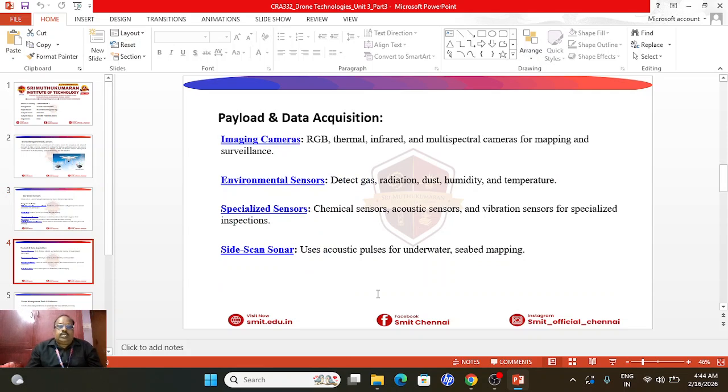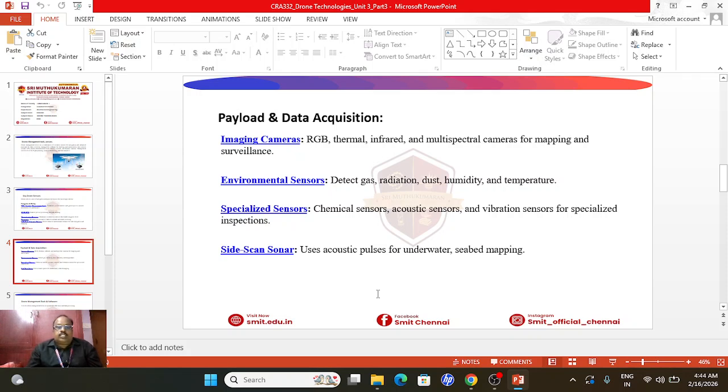Payload and data acquisition have imaging cameras, environmental sensors, specialized sensors and side scan sonar. They use RGB, thermal, infrared and multispectral cameras for mapping and surveillance.